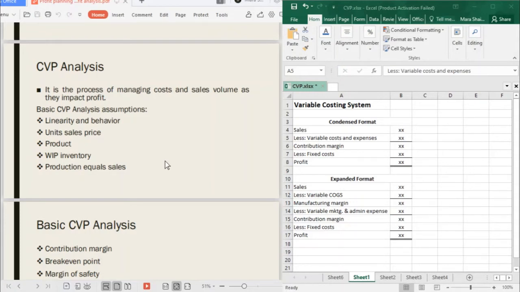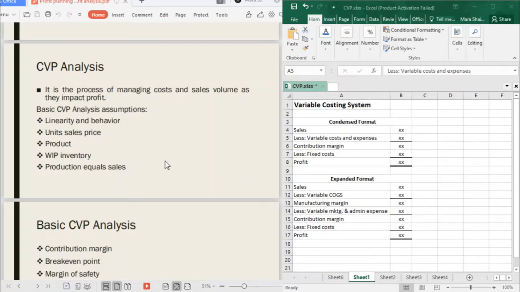Now, in relation to your work in process inventory, it is assumed that there is no work in process inventory under CVP analysis. Now, as to production, it is assumed that your production is equal to your sales. Meaning, there are no changes in your finished goods inventory.